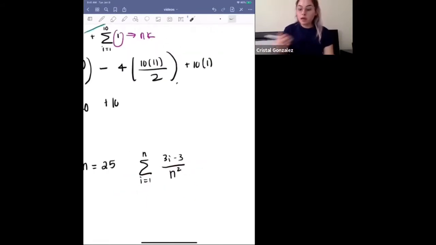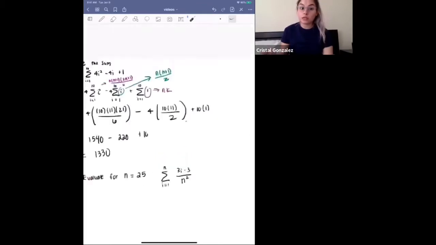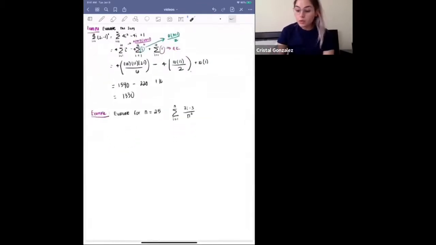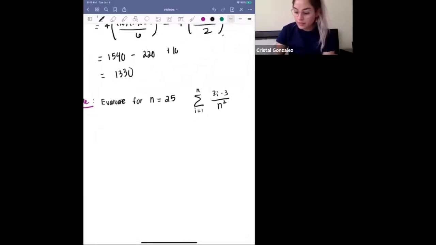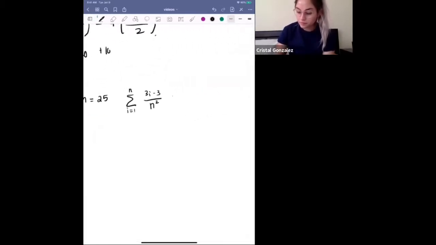But before we do that, at the top, I notice I have a 3 and a 3, so we can actually factor out that 3 as well. So we can rewrite this. Let me do it down here. This is n times the sum as i equals 1 of 3 times i minus 1 all over n squared. Yeah? Okay.